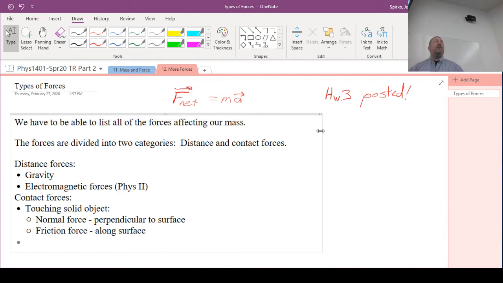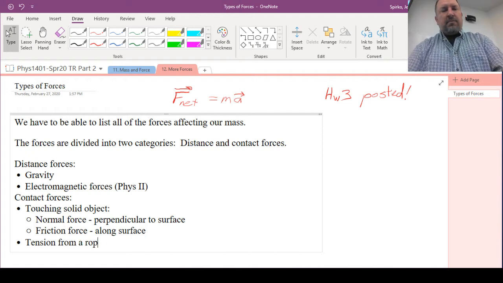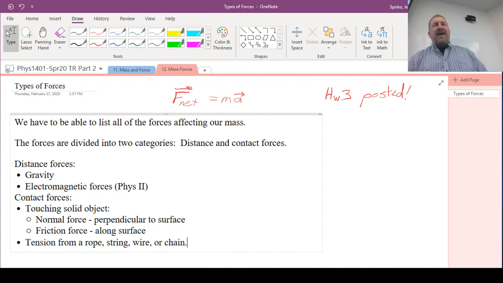We also have the possibility of pulling forces. So we can have tension, which is the way we usually think about a pulling force.